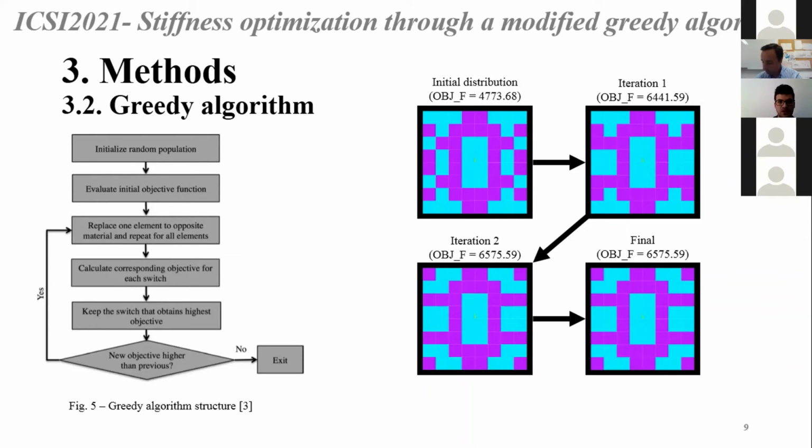Then the program, because the volume fraction is the same, 50% soft material, 50% hard material, needs to change another element into a soft one. So it searches for all the combinations possible and changes the best one in a hard, soft material.